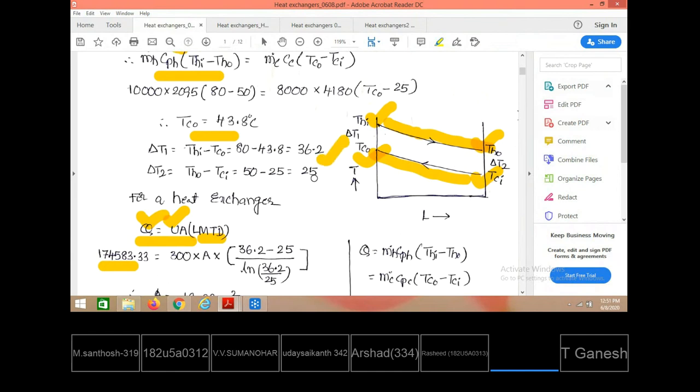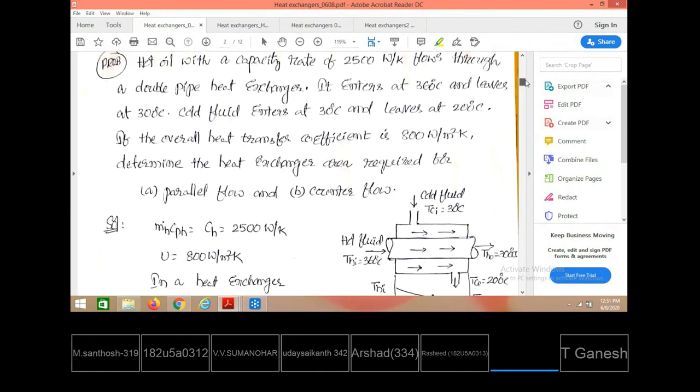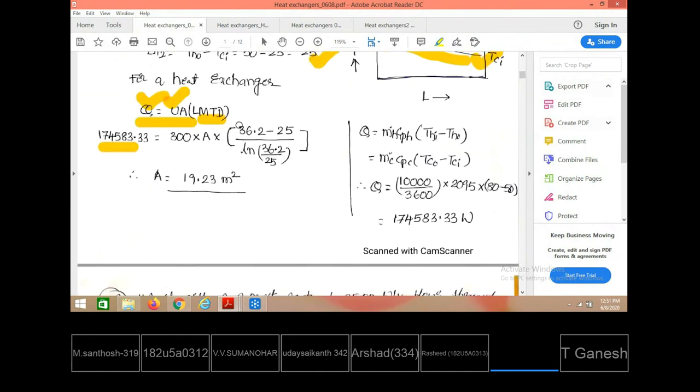Those we have estimated. Therefore, knowing all other things, the heat exchanger area required is 19.23 meter square.